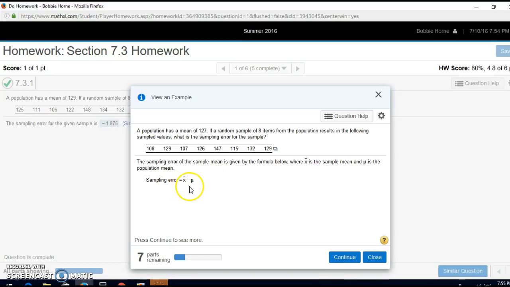If you have a small sample, your sampling error is more than likely going to be larger because it's not as representative of the population as a bigger one. So the more information you have, the more accurate your statistic will be.